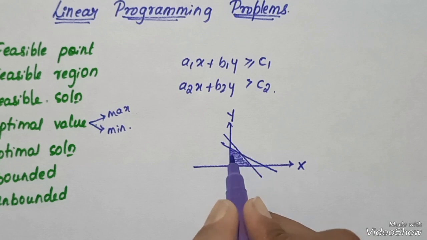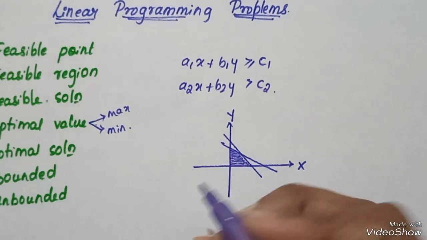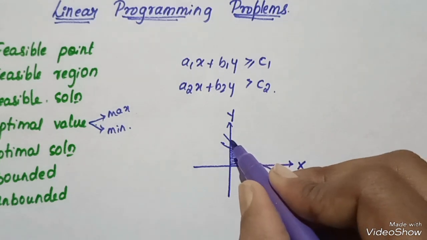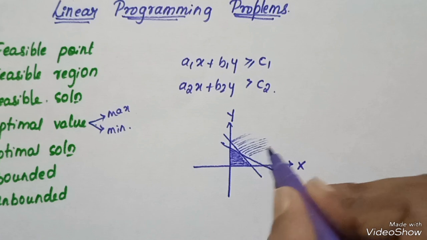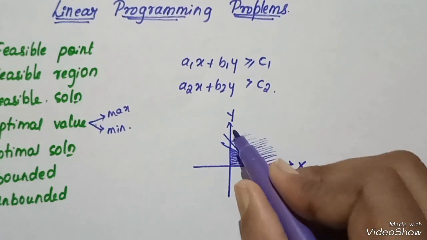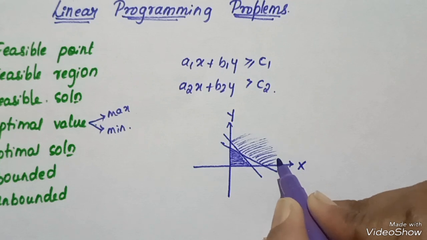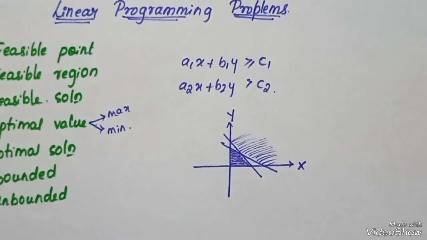Unbounded means the region not covered by the corner points, where there are points outside that are not covered by the region. That is called unbounded. This much you have to remember.